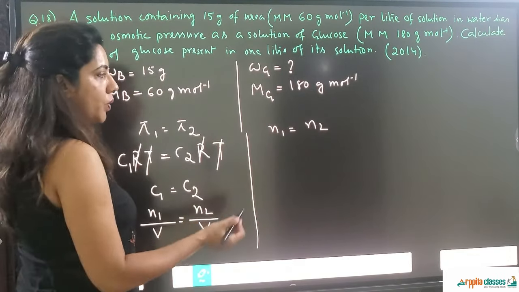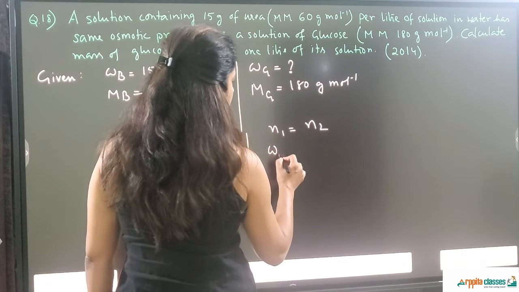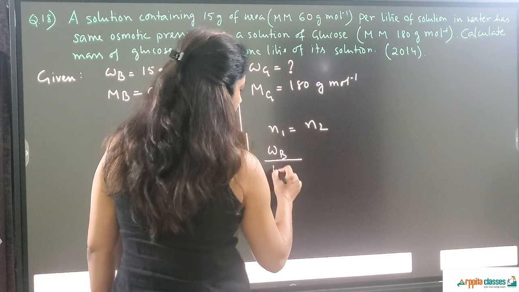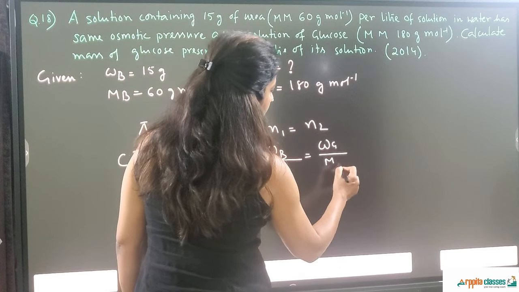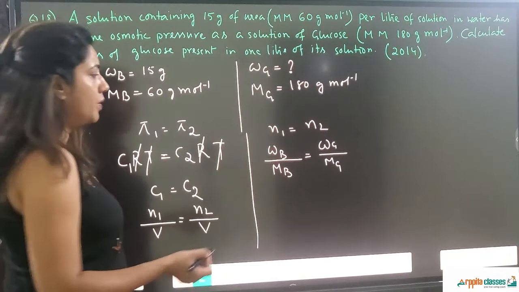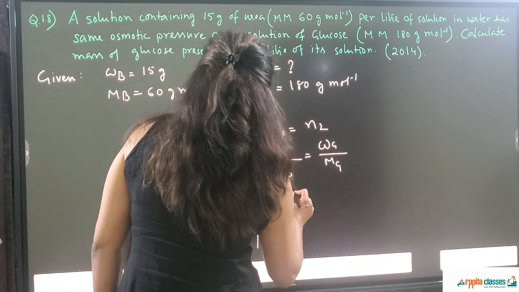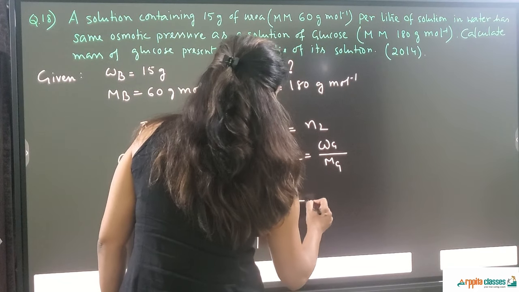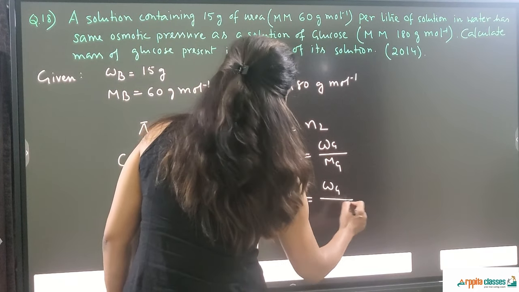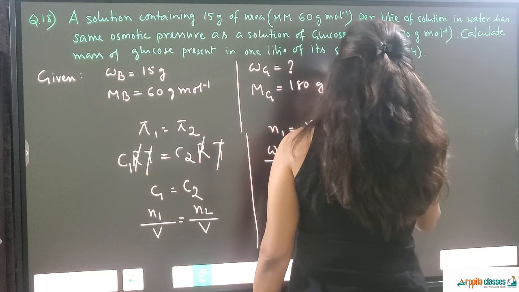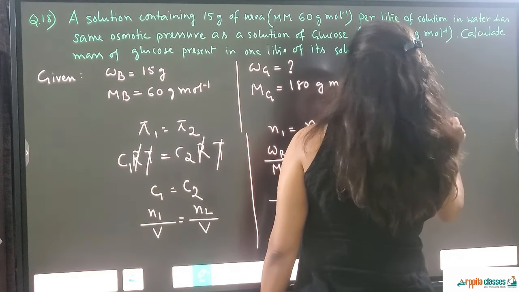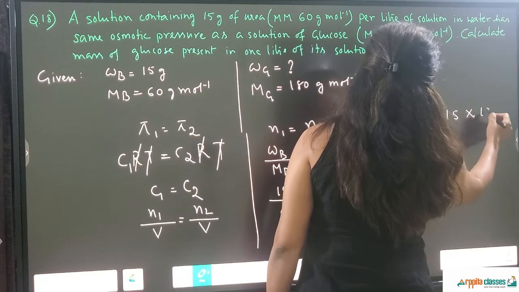Now the number of moles is equal, and number of moles is weight divided by molar mass. WB is 15, molar mass is 60, Wg we do not know, and molar mass is 180. Cross multiplying, 60 × Wg = 15 × 180.